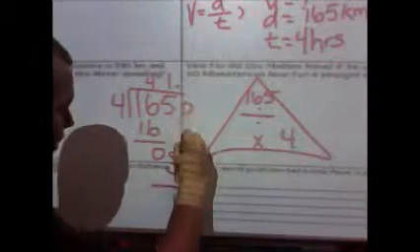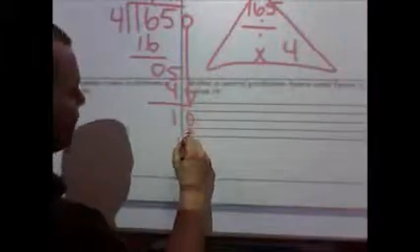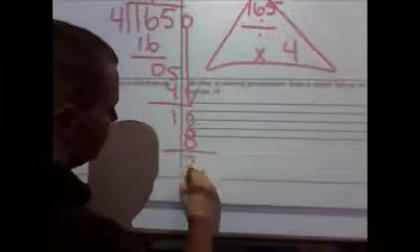I have to add a 0, so I must add a decimal. Bring my 0 down. 10. 4 will go into 10 2 times. 4 times 2 is 8. 10 minus 8 is 2.